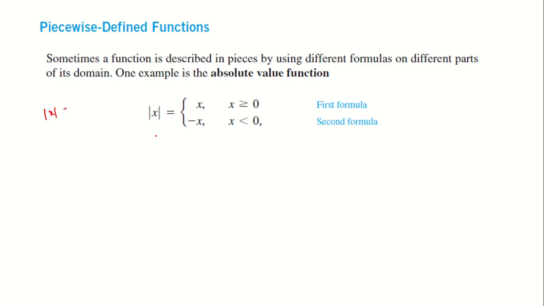We can also separate the definition of modulus x as: modulus x equals x when x is greater than 0, 0 when x equals 0, and negative x when x is less than 0. That is the perfect example of a piecewise function.